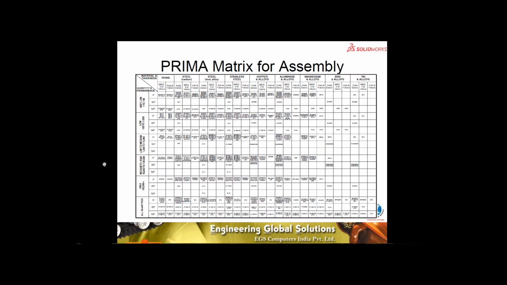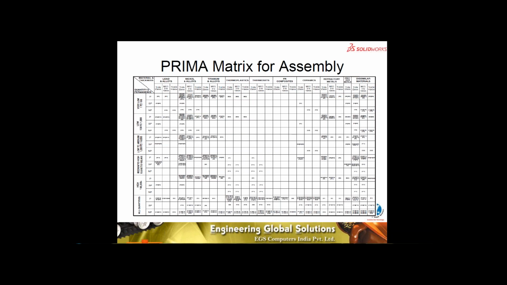As you can see, depending on the materials and the rate of production, the person has, at the design stage, the choice of selecting the different assembly processes. These can be put as a lookup table, either using Excel or using design tables inside SolidWorks, so that the design checklist gets further refined based on these processes, even for the uninitiated engineers and the trainees who are asked to develop product designs without prior knowledge of the manufacturing process.